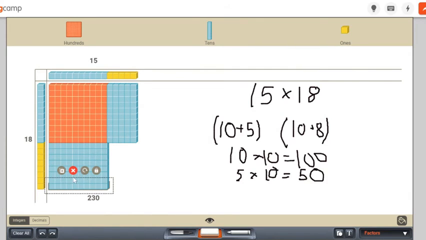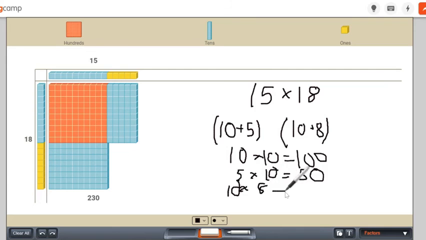And so what did I just do here? So now I multiply 10 times 8. So I do 10 times 8, and I got 80 in this case, right? So now I'm just going to fill in the ones in this empty space here.